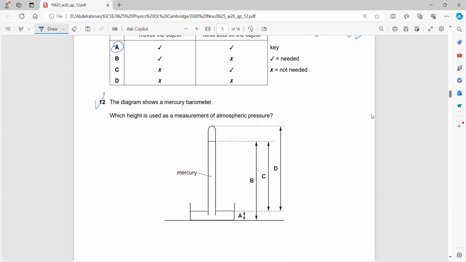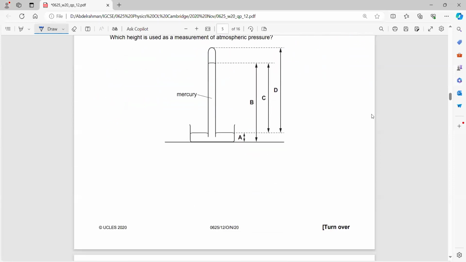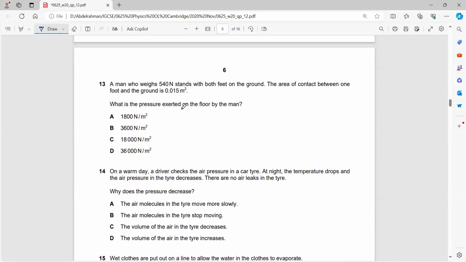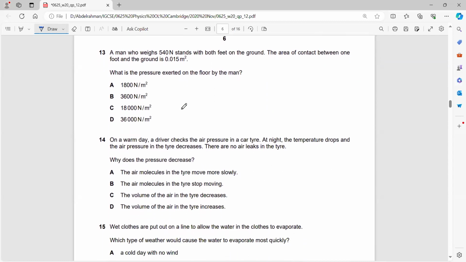Barometers have been cancelled. This question is cancelled. A man who weighs 540 newtons stands with both feet on the ground. The area of contact between 1 foot and the ground is 0.015 meters squared. What's the pressure exerted on the floor by the man?